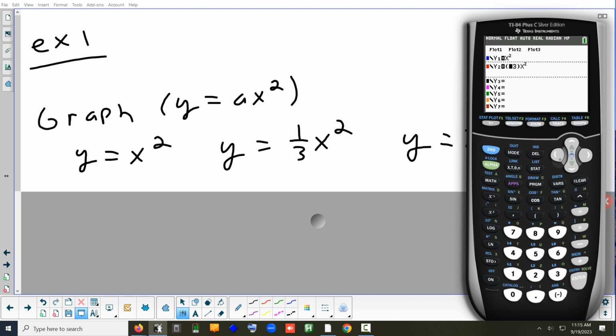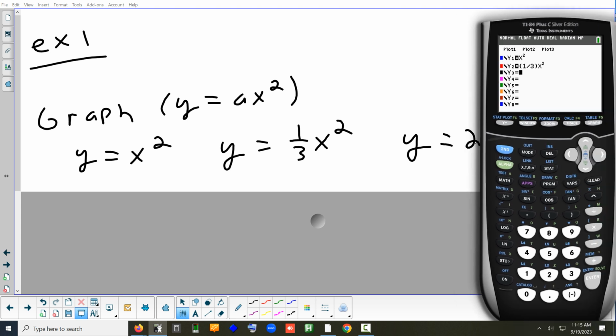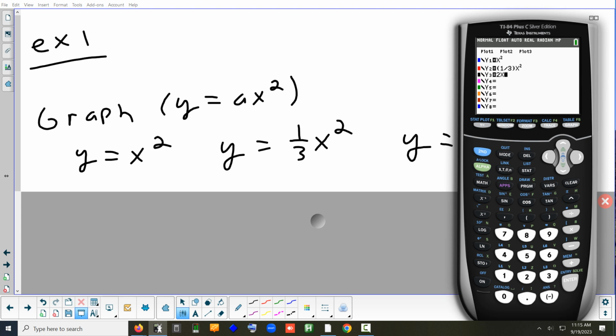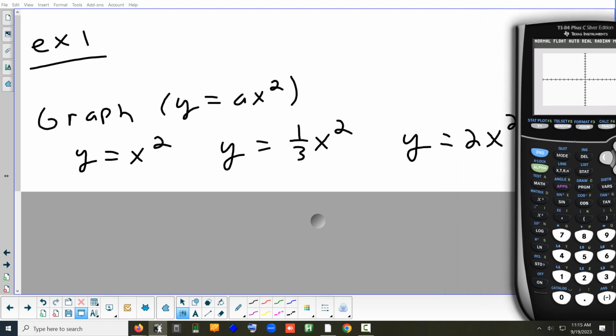So the way you type in 1/3, well, that's one way to do it. 1/3 x squared. And 2x squared. Okay, so we'll graph all three of those using a standard window and see what the difference is. So zoom 6.